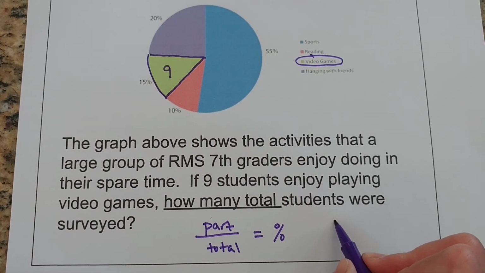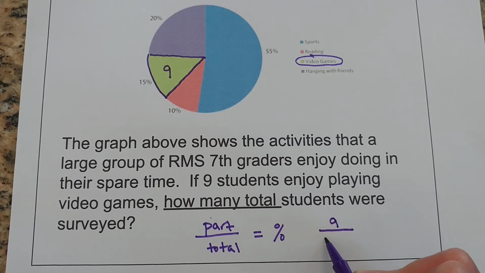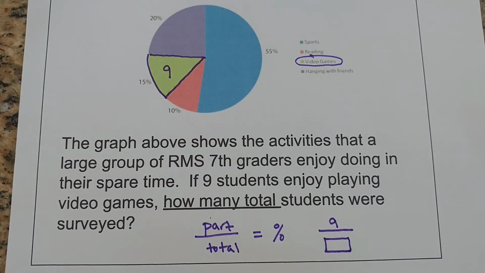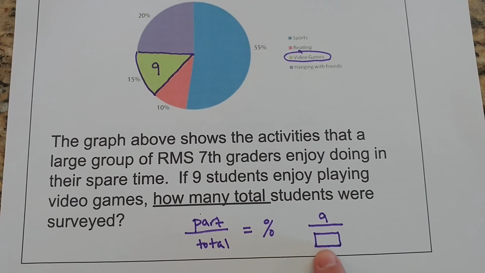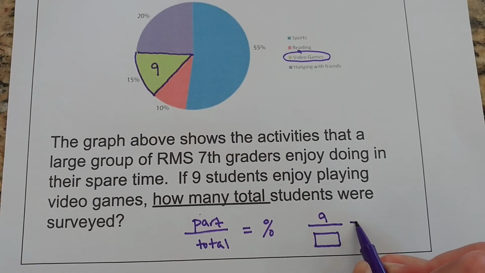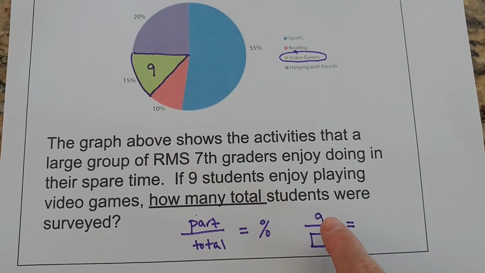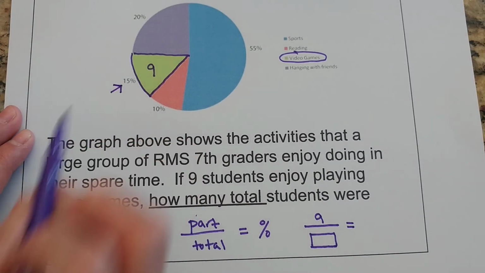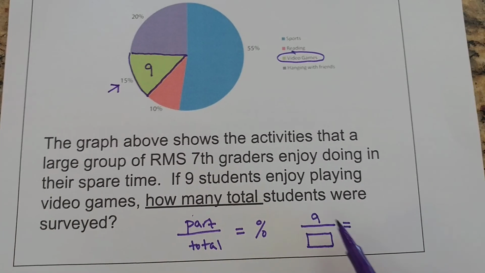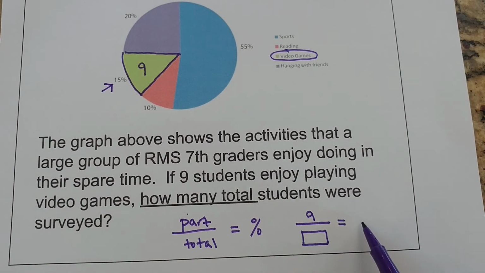We know that there are 9 students out of a total that liked playing video games. But we don't know that total. So I'm just going to put a little empty box here. 9 out of a total. Now, if we were to change that to a percent, those 9 students out of that total that played video games, that is 15%. So we know that 9 out of this total is equal to 15%.